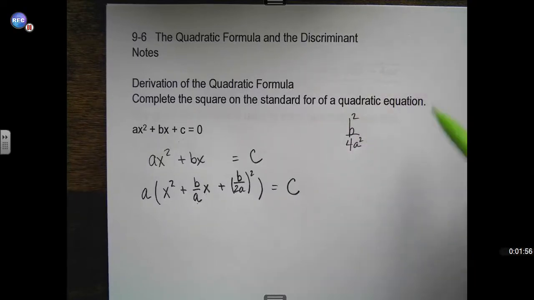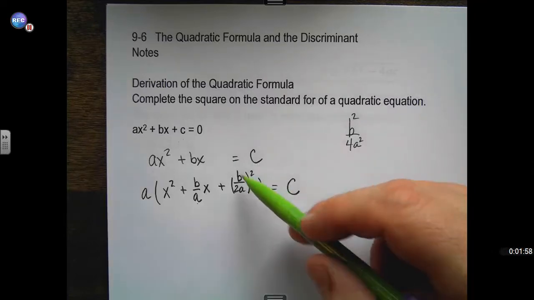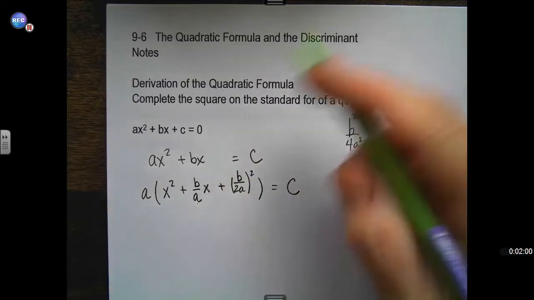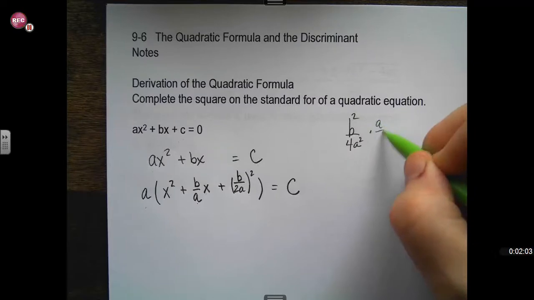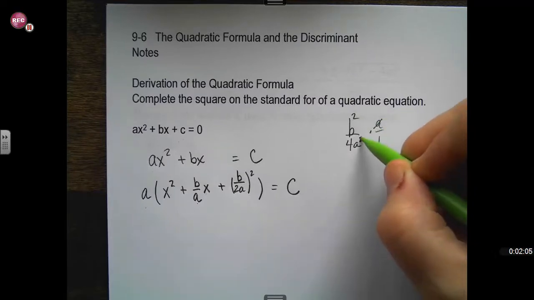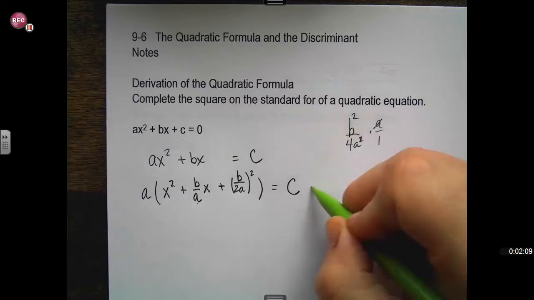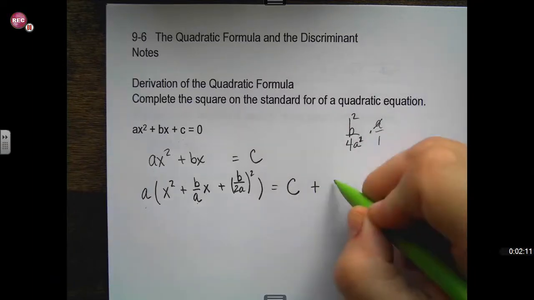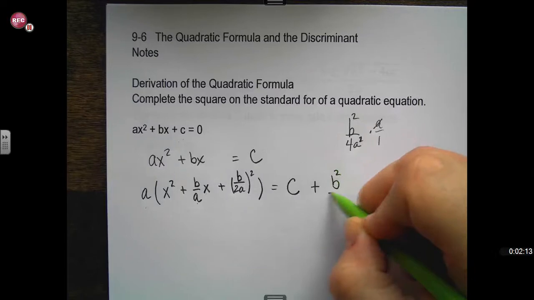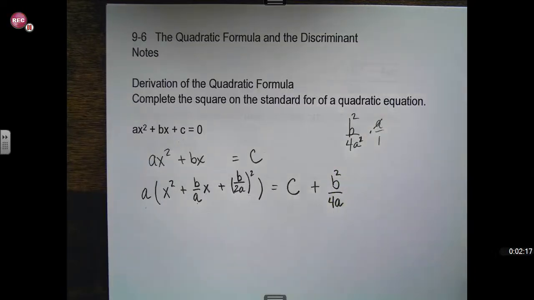So when I bring that out, it gets multiplied by this a. So when I multiply, this a cancels with one of these, and so what I'm adding is b squared over 4a. Okay.